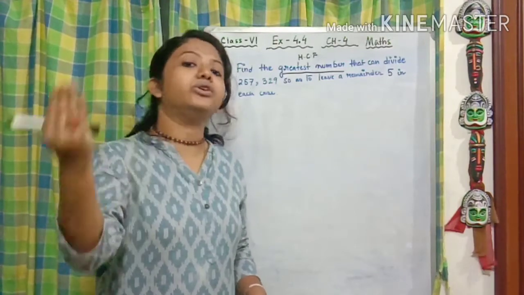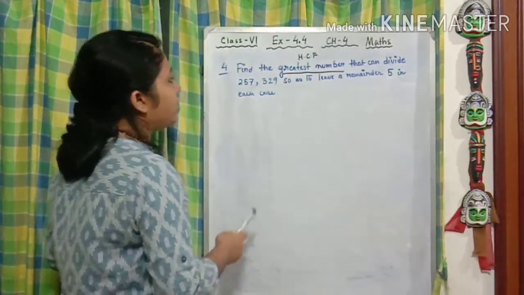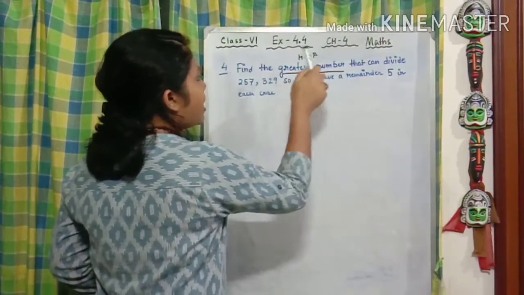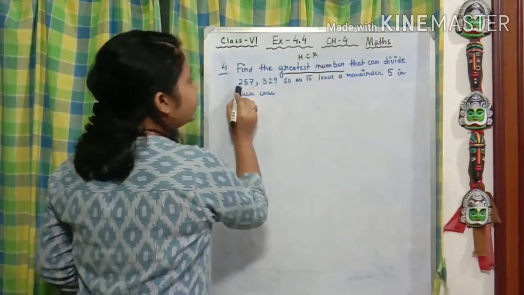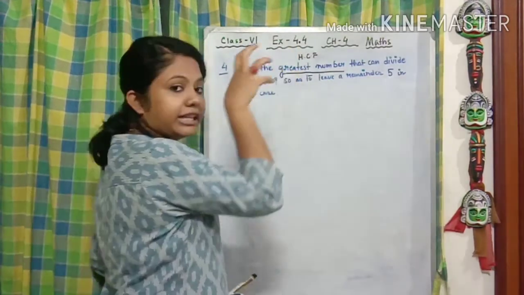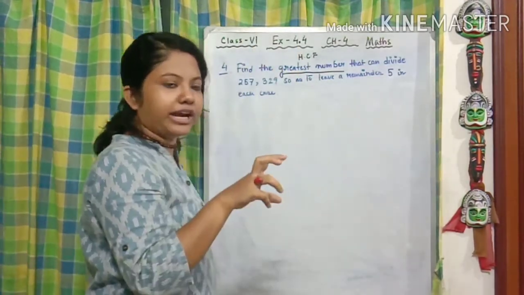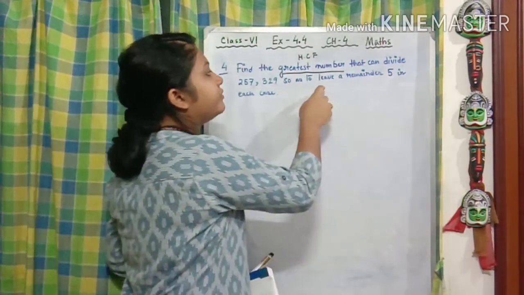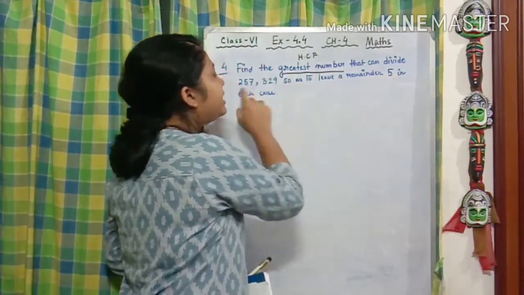Now how are we going to do it? First of all, what has been asked is the greatest number such that when 257 and 329 are both divided by it, they give a remainder of 5 in each case.